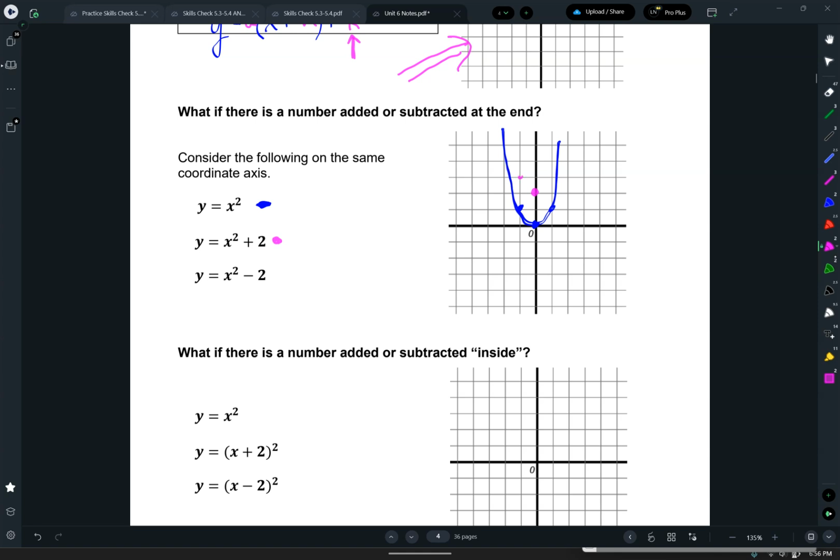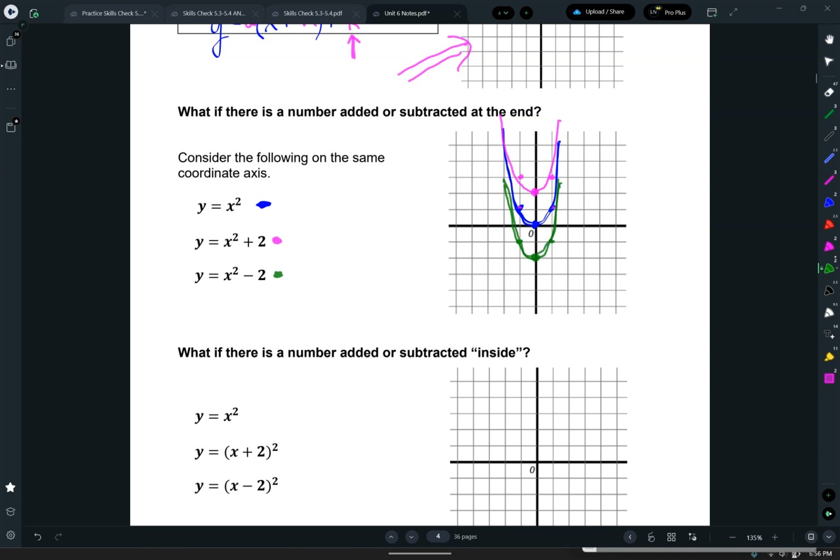I still have this up 1 over 1 point, just like these, but the entire graph is moved up 2 units. If I were to have a -2 instead, that means the whole thing is moved down 2. Again, it still has the up 1 over 1 to give it the exact same shape, but it's just moved down 2 units.